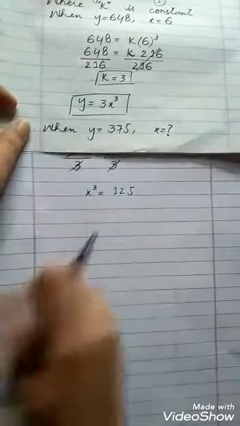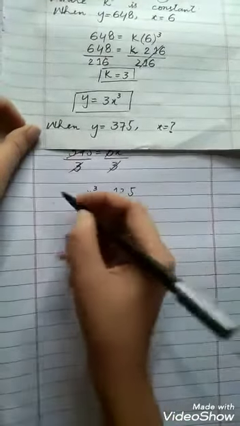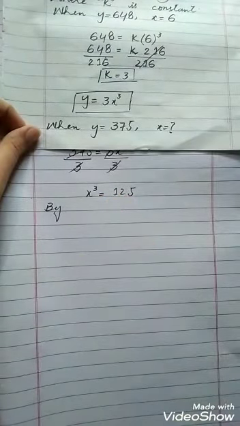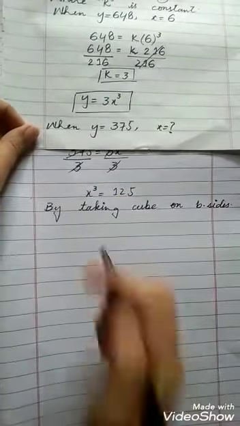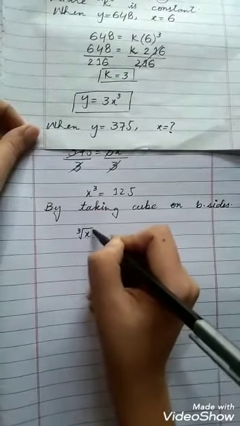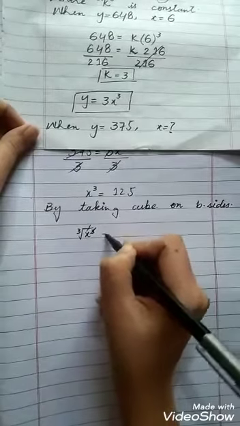Now we don't need x cube, we need x. So we will take the cube root on both sides, and the cube will be cancelled.